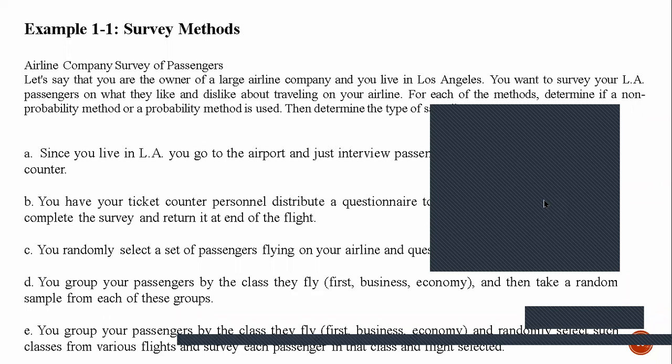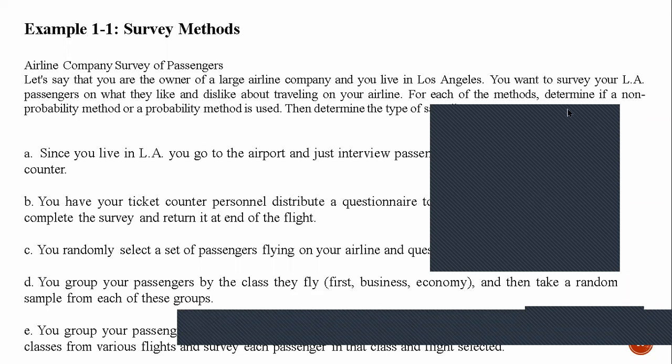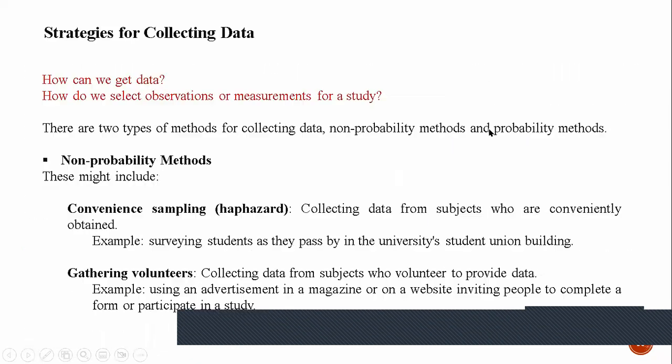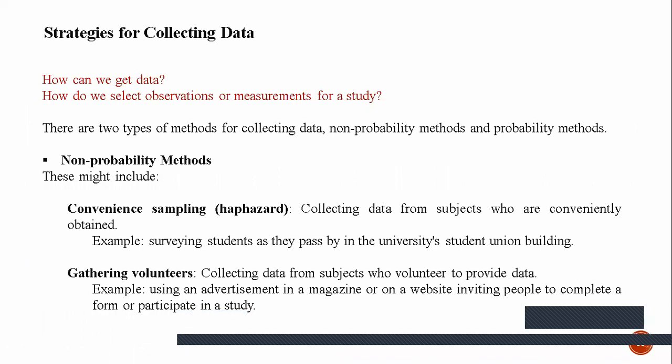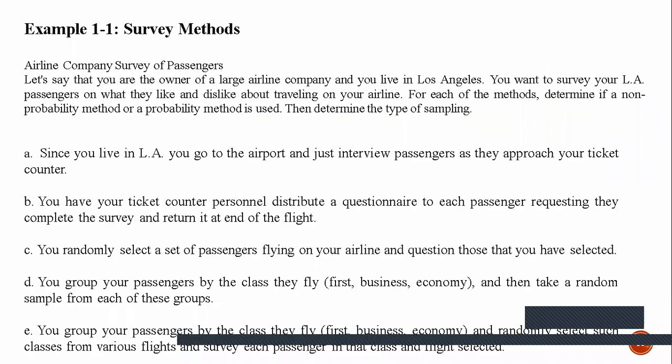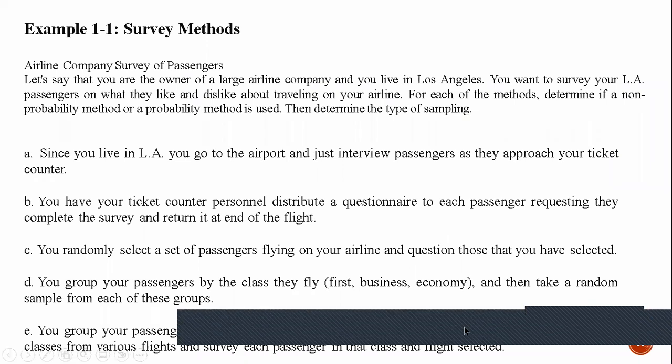For the non-probability method, we had two sampling methods. One is the convenience one and the other one is the gathering one. So for the first one, is it a convenience one or a gathering one?